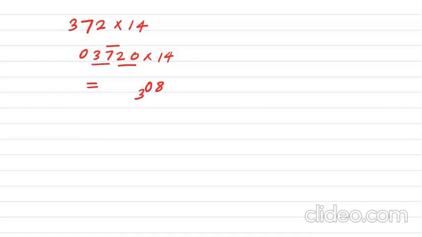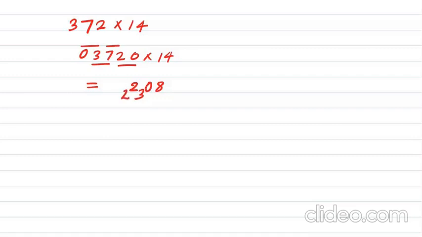Then take 37. 3 into 4, 12. 12 plus 7, 19. 19 plus this 3, 22. So you write 2 and then take the carryover term to the next. Finally, you have 0, 3, and you have written the carryover term over here.